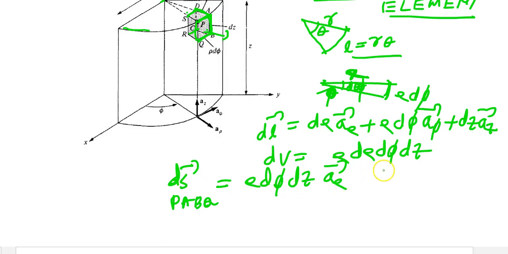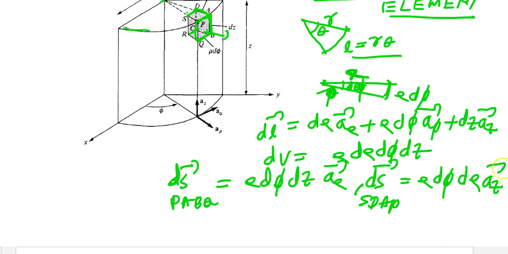Similarly, ds for the top surface, let's say SDAP, will be rho d phi d rho az, because the unit normal vector outward to the surface is in the az direction.